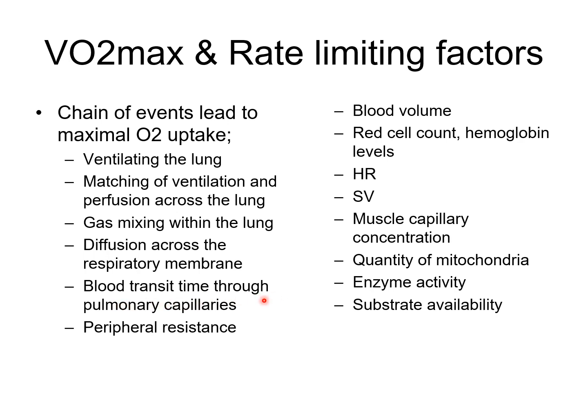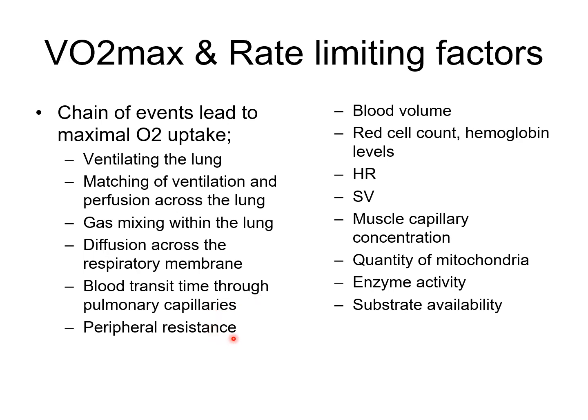Under normal resting conditions, blood transit time is roughly, I think it's about 0.7 milliseconds to transfer through the pulmonary capillaries, but even during maximal exercise, that's reduced to about 0.3, 0.4 milliseconds, but it's still enough time for gases to equilibrate across the membrane.